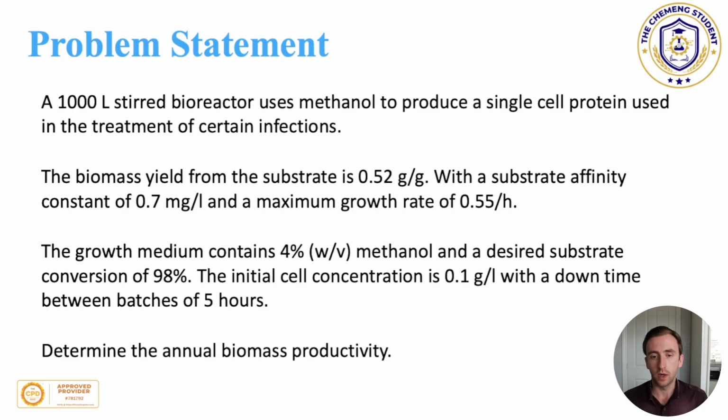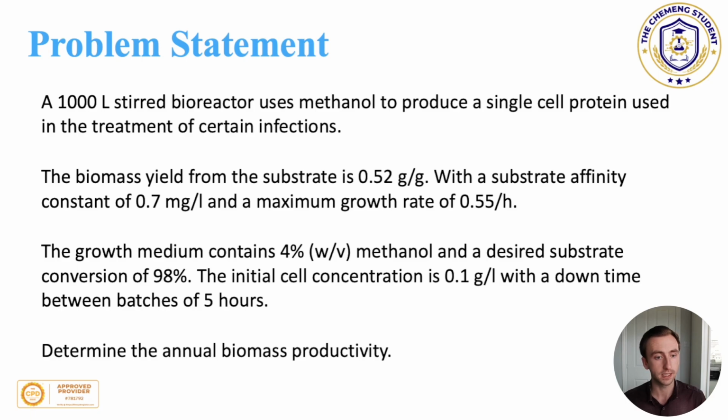Now let's take a look at a working example here. So we have a 1,000 litre stirred bioreactor which uses methanol to produce a single cell protein used in the treatment of certain infections. The biomass yield from the substrate is 0.52 gram per gram, with a substrate affinity constant, so that's the Ks, of 0.7 milligrams per litre, and a maximum growth rate of 0.55 per hour.